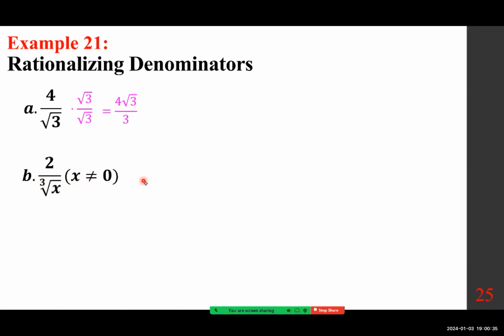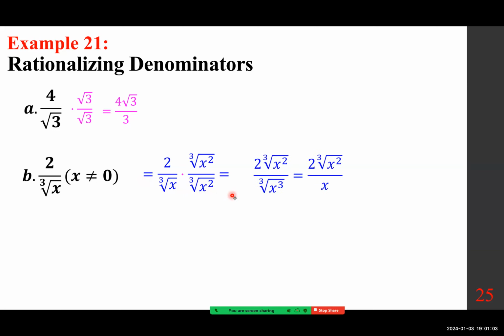So I'm going to multiply by cube root of x squared divided by the same thing. Okay? You have to do this for it to work, everybody. Now, you can multiply and say it's cube root of x cubed, which is x, so just write it as x. The numerator doesn't change.